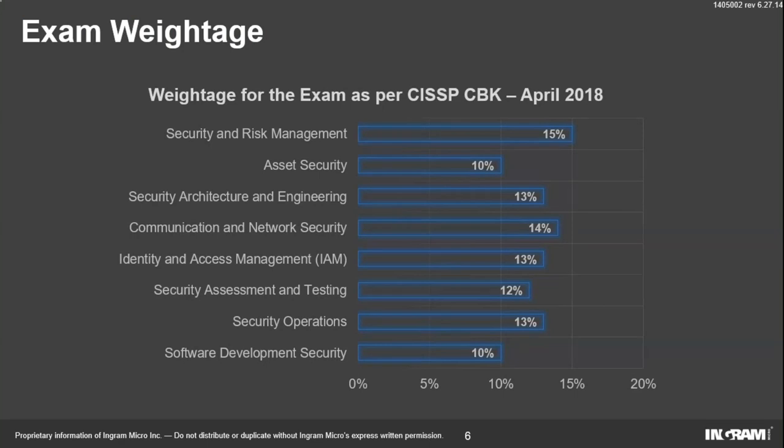Then asset security is 10%, security architecture and engineering is 13%, communication and network security, which is again an important topic, is 14%, identity and access management is 13%, security assessment and testing, the one which we are going to talk about today, covers 12%. Security operations covers 13%, and software development security covers 10%. In total, this gives you 100% of weightage for the exam, across the different domains.